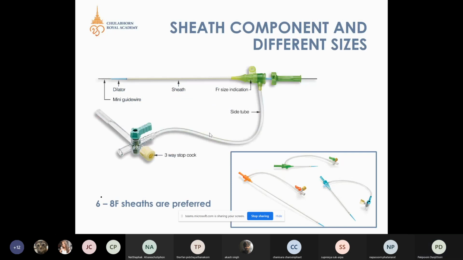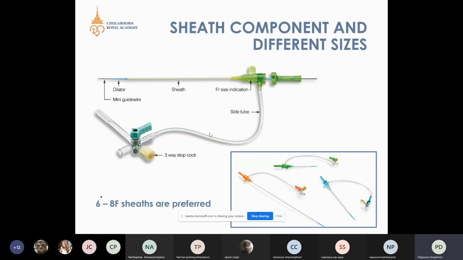Okay. Before inserting the diagnostic catheters or ablation catheters, we need something to open a way to let the catheters be inserted through the vessels.